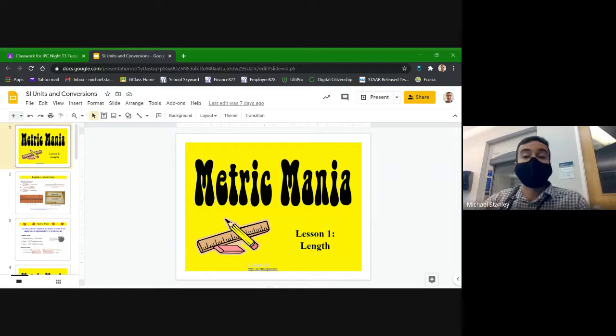So in the US, we have things like gallons and pounds and feet and miles. But all scientists around the world use a different system of measurements that a lot of other places use as their default, which can be called SI units, which stands for standard units, but more commonly, it's referred to as the metric system.